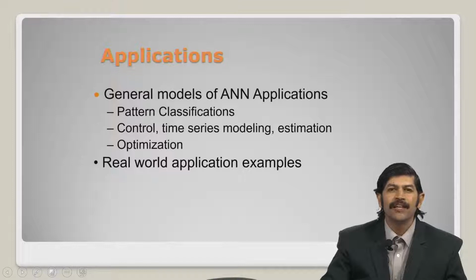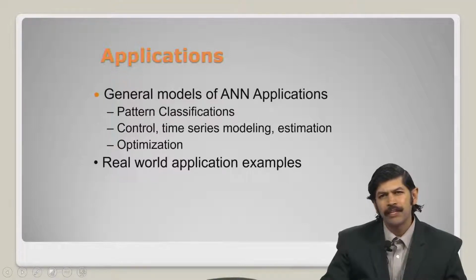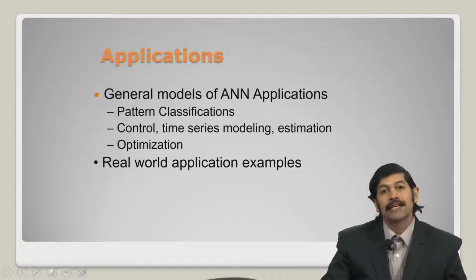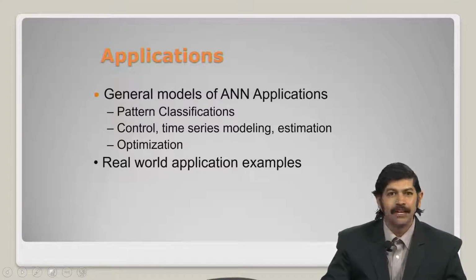We typically know that artificial neural networks, particularly post 60s and 70s, have started finding applications in different walks of life, and these are the typical ways in which artificial neural networks are applied. And the first is obviously pattern classification. Now what do we mean by that? Once we start developing our systems and designing our applications, it will be very clear to our viewers as to what exactly are we talking about.